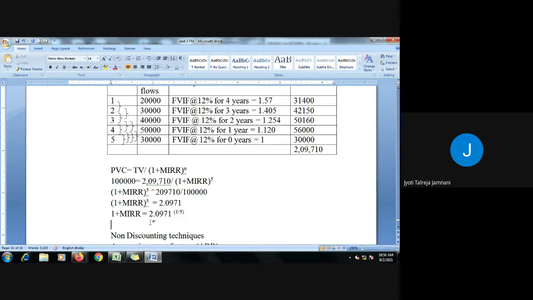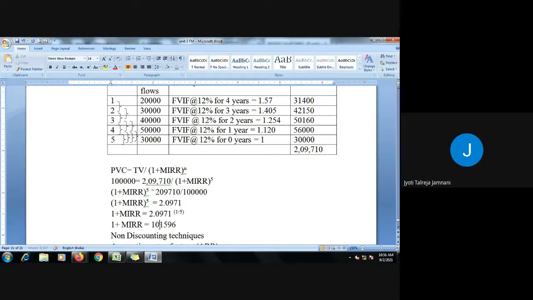Okay, so 1 plus MIRR is equal to 2.0971 raised to, open the bracket and do 1 divided by 5, close the bracket, 1.1596. You're getting 1.1596.